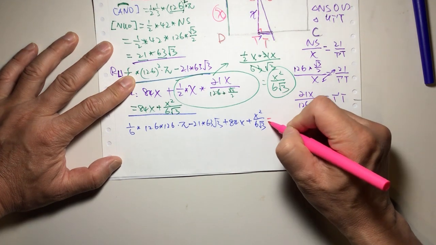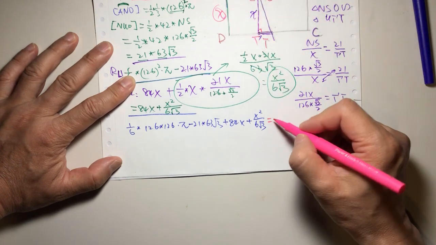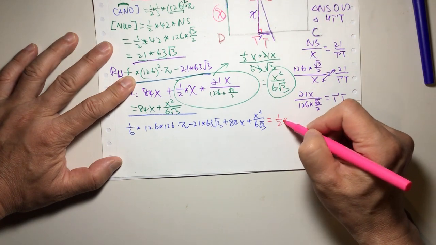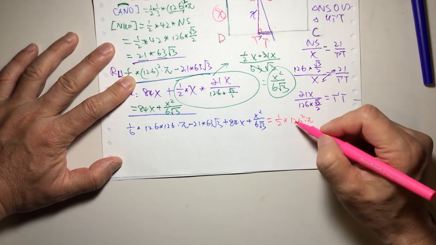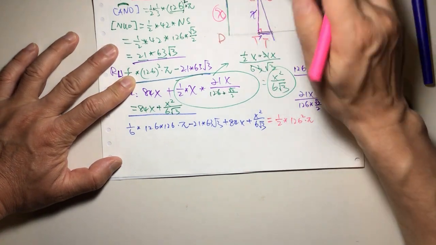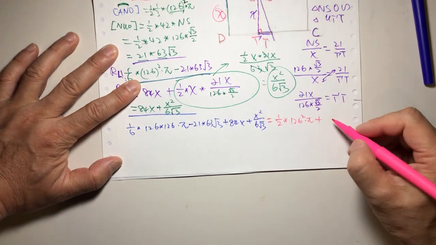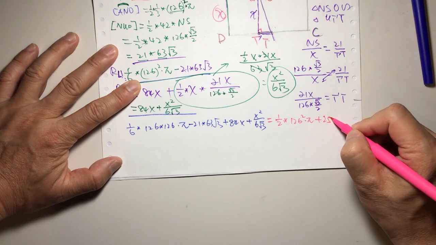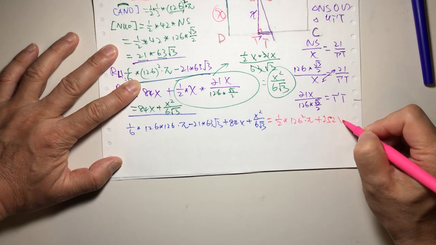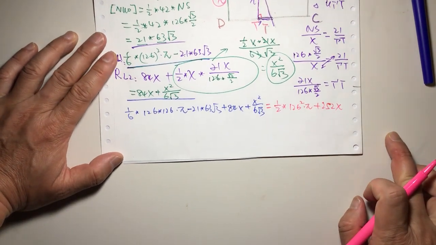So the total area we know is how much? That's 1/2 times 126 squared times pi, that's the semicircle, plus the total rectangle 252x. Then we just solve how much for x.